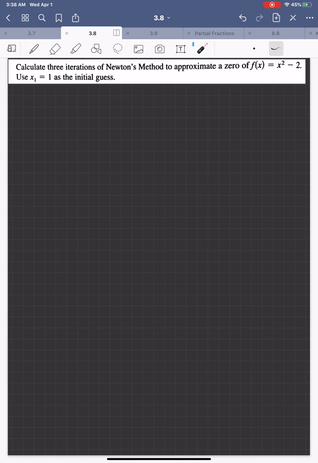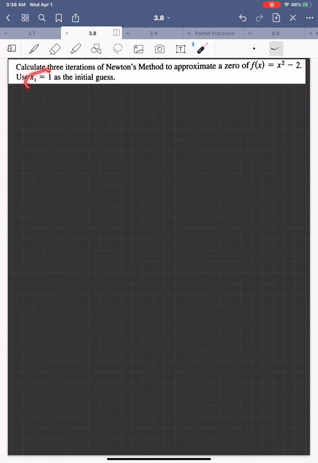So it says calculate 3 iterations of Newton's method to approximate the zero of the following function. Now, I know that you already know how to find the x-intercepts of x squared minus 2. Okay, I get that.